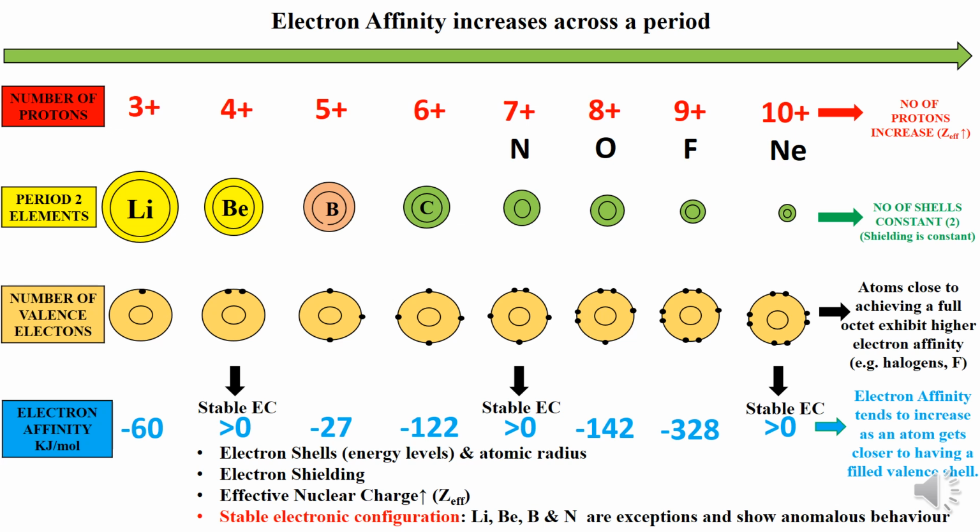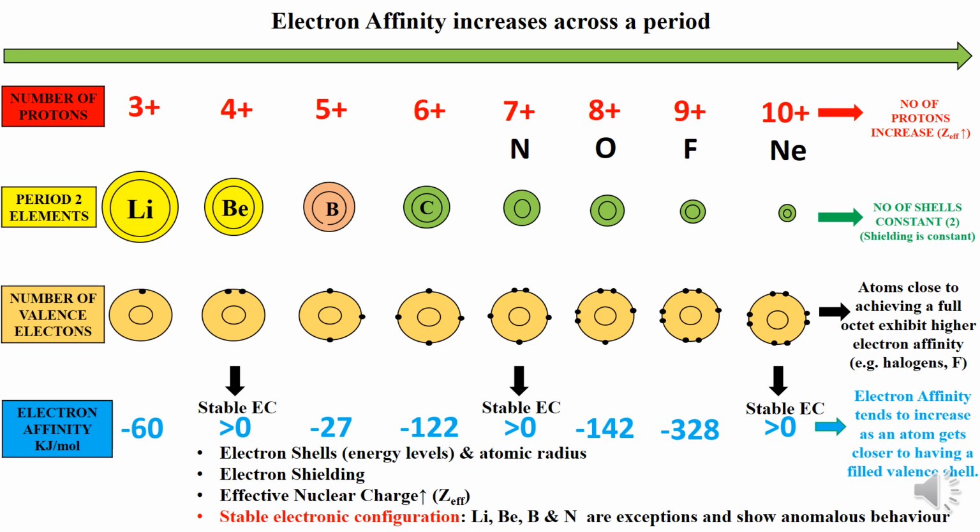So as you move across the periodic table, the number of electron shells remains constant, and because of the increase in the effective nuclear charge, the atomic radius decreases and shielding is constant, which is favorable.